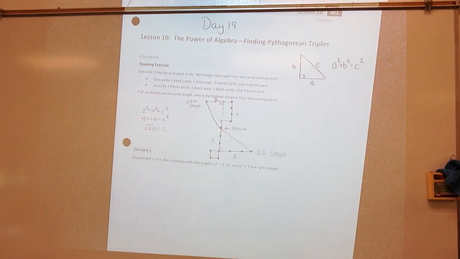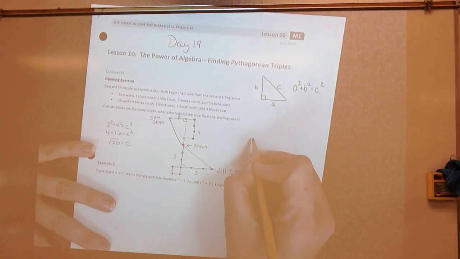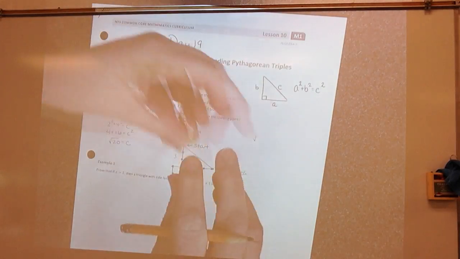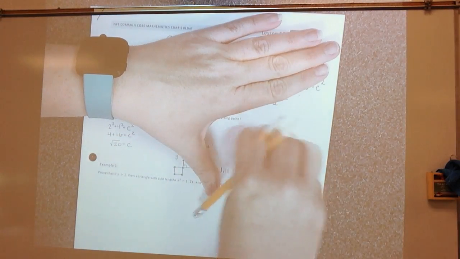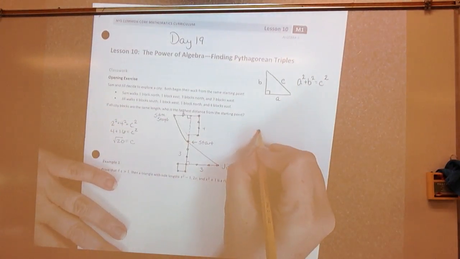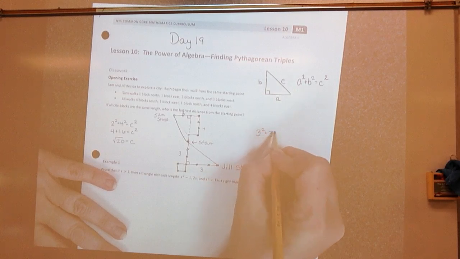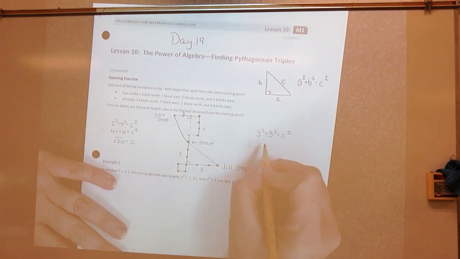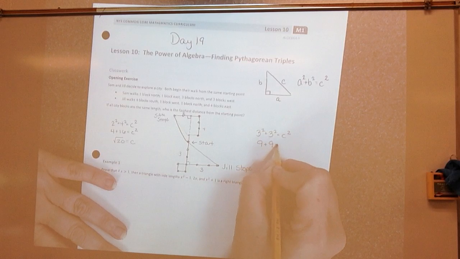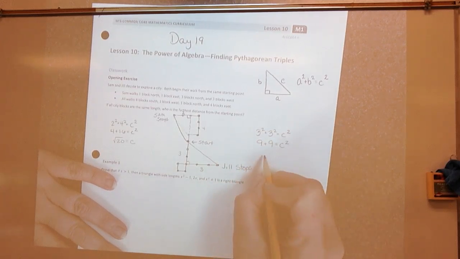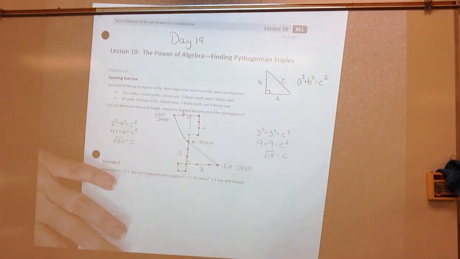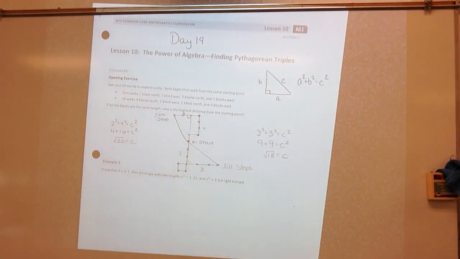So I have, I'm sorry, 3 squared plus 3 squared is equal to C squared. So 9 plus 9 is equal to C squared. So the square root of 18 is equal to C. So Jill walked the square root of 18.